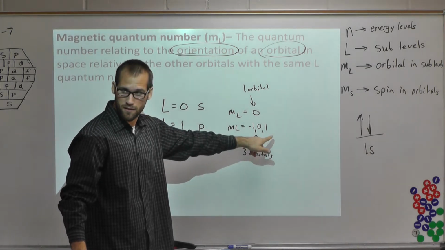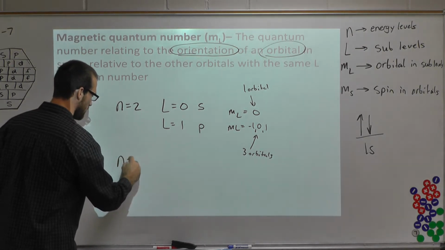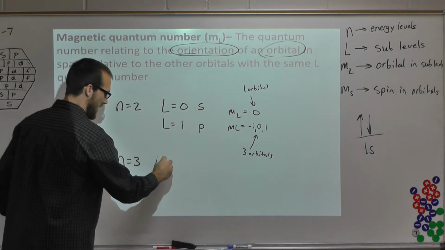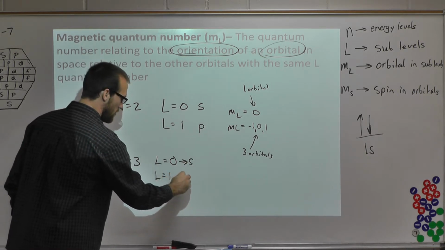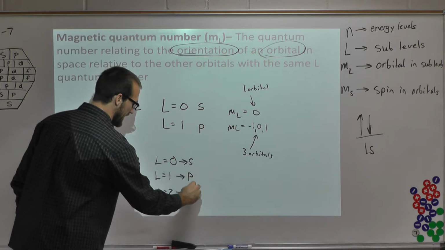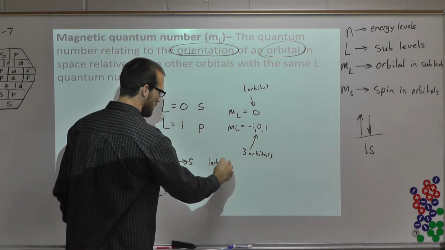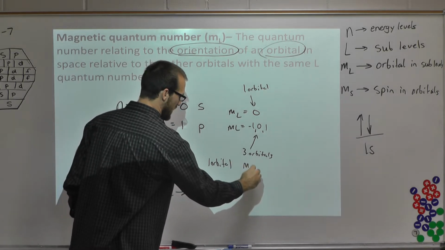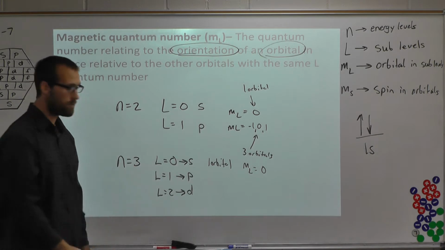So let me say, if I was doing N of 3. I would have L of 0 represents the S, L of 1 represents the P, L of 2 represents the D. Well, we know that S has one orbital, so it only has one orientation. We're saying that's orientation 0.